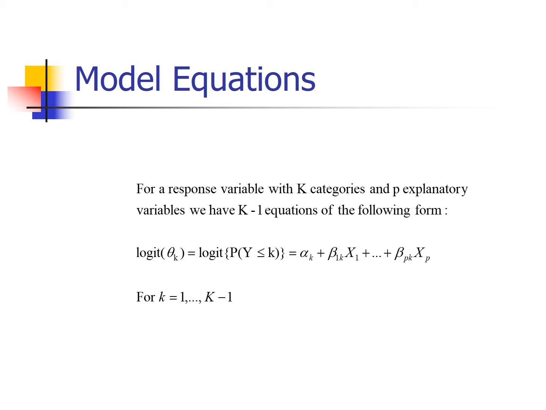But notice our slopes have 2 subscripts because our slopes can potentially differ based on variables, but also based on our equations. So the first variable, x1, could potentially have different slopes for every one of its different logit equations.